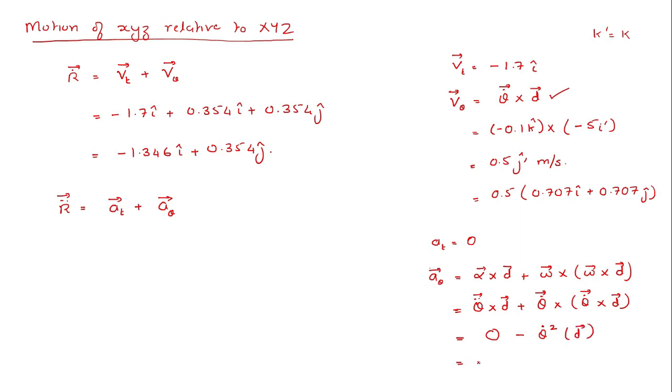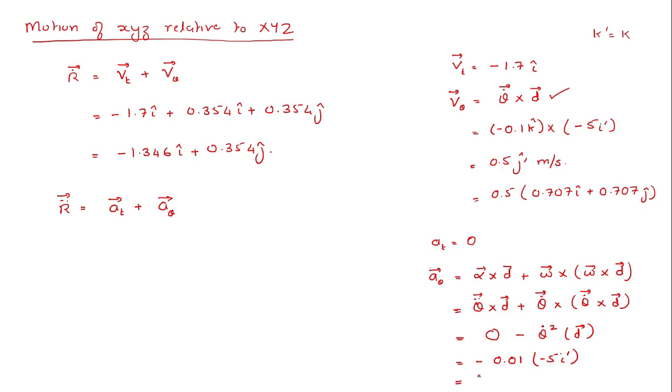So this will be equal to minus theta dot, which has a magnitude 0.1, so this will become 0.01, multiplied by d vector. D vector, as I told you, is minus 5 I dash.